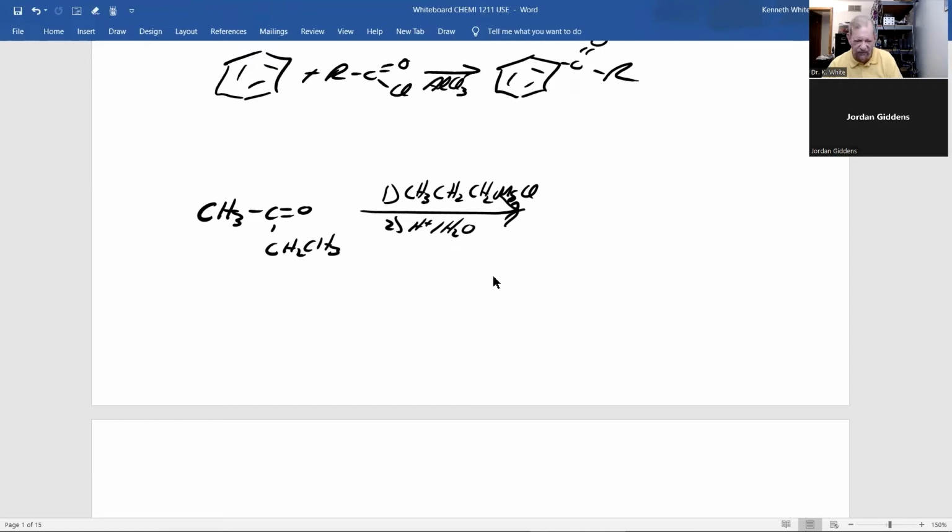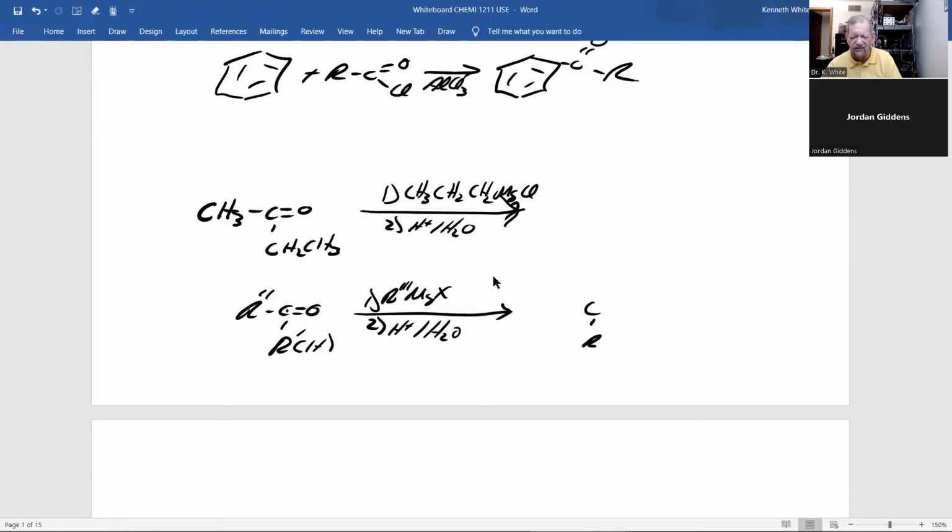Now, in case you didn't remember the reaction, I'll help you out. Keep your eye on the carbonyl. What's attached to that?